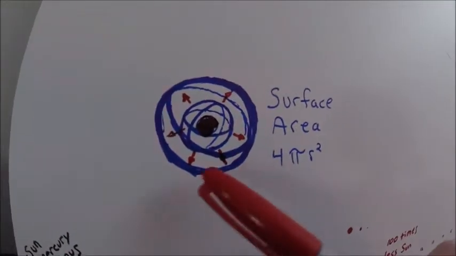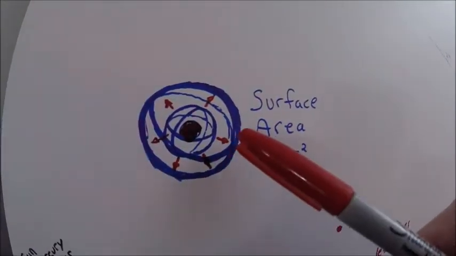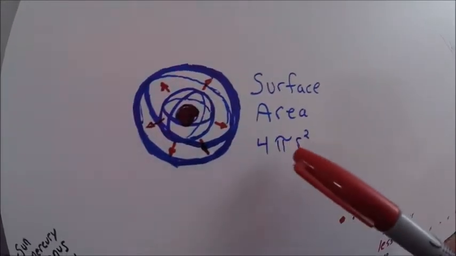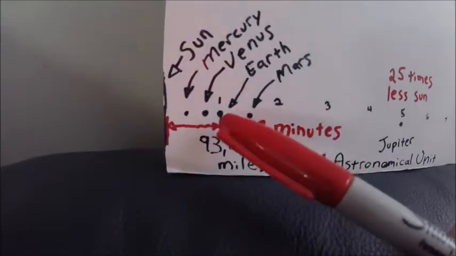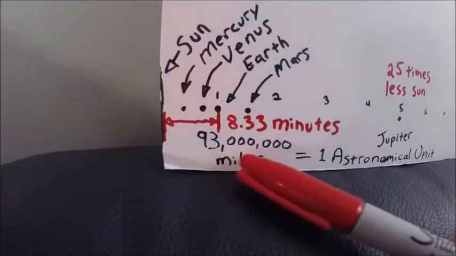So since the sphere is 4 times bigger, there's 1/4 as much light. So we have the Earth at 1 astronomical unit, 93 million miles from the Sun.